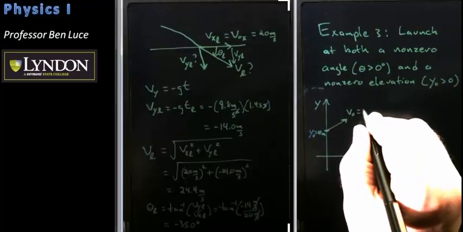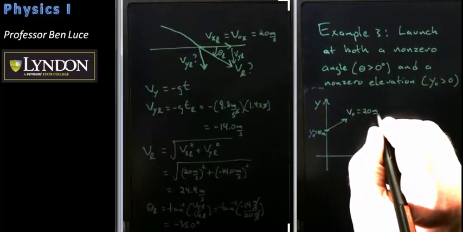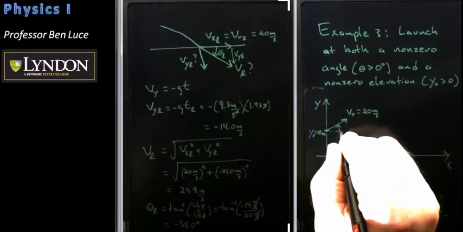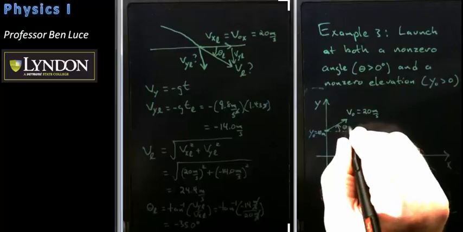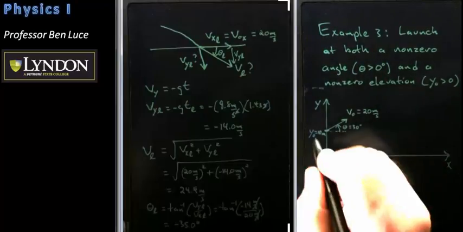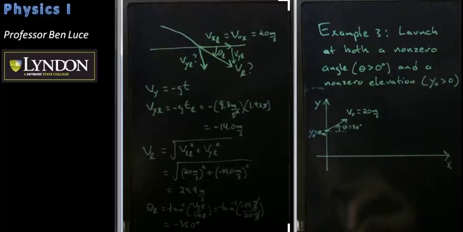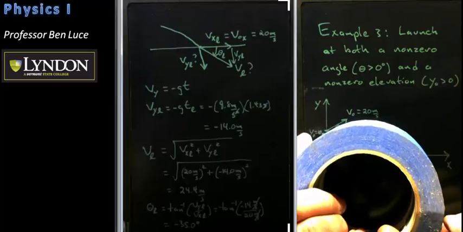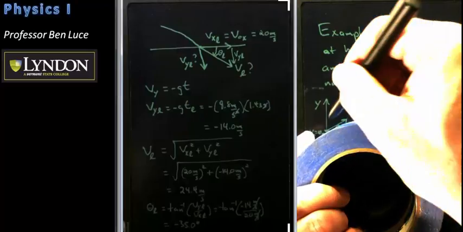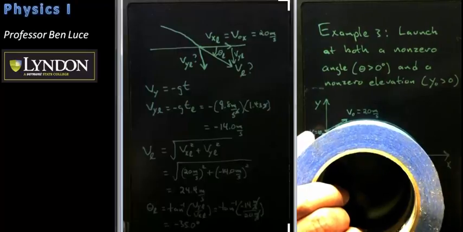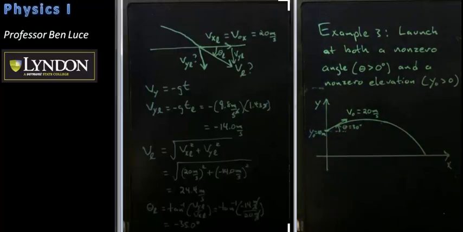So we have an initial speed still equal to 20 meters per second, and now we're launching at 30 degrees above the ground. All right, now we'll try to draw our trajectory as best we can using this funky roll of tape. And there we go.